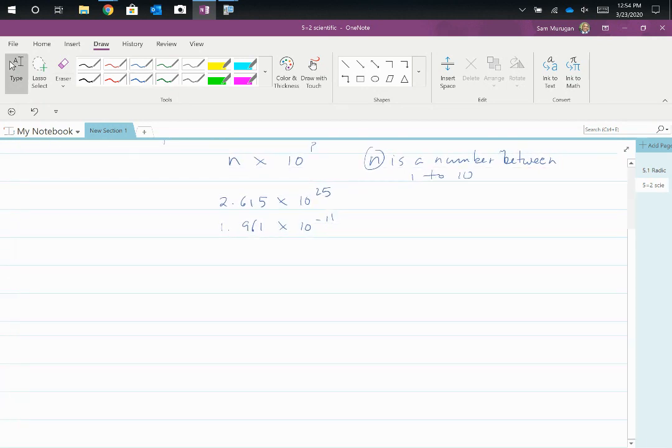The rule is that if we move forward, subtract from p, and backwards, add to p.